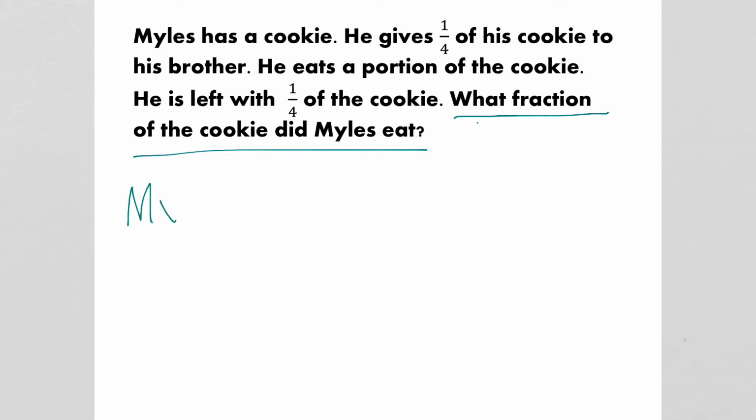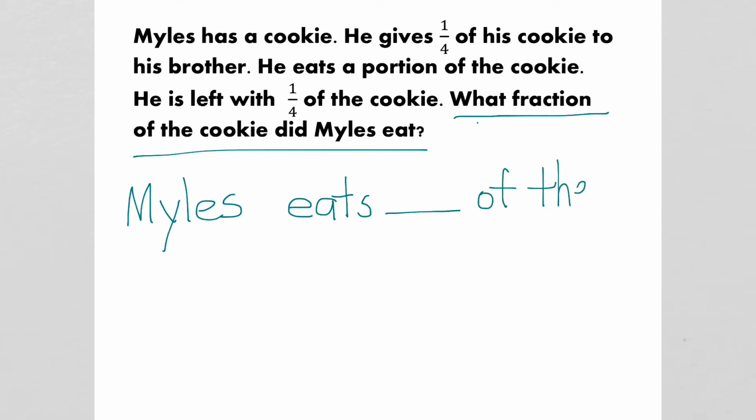Miles eats blank of the cookie. So I took the question and I restated it as a statement. Miles eats blank of the cookie. We don't know that, but we're going to find out.